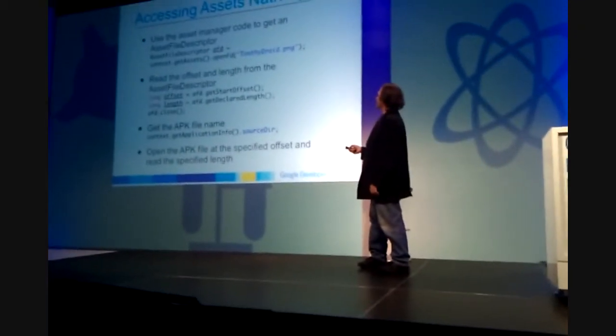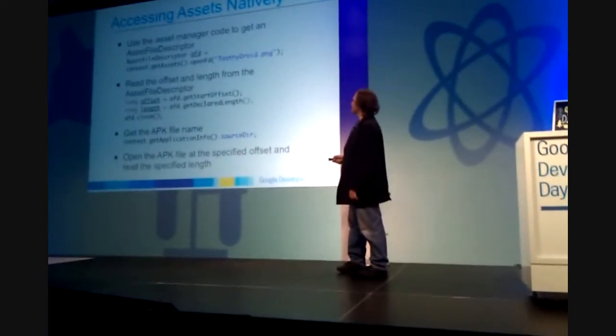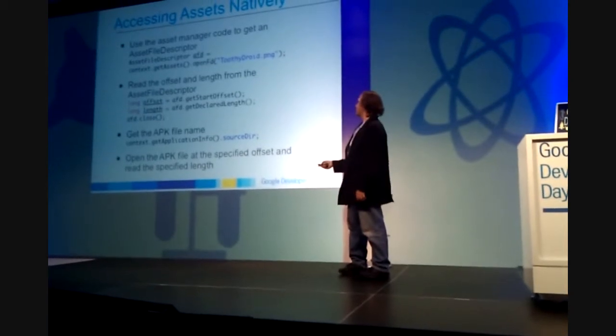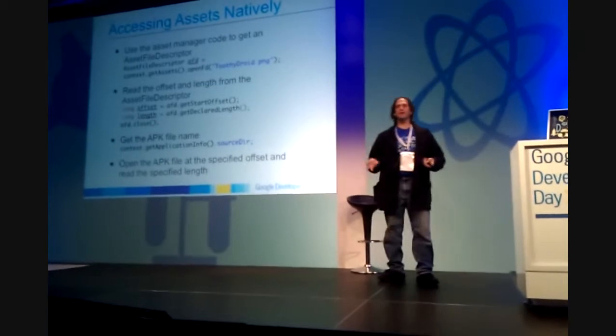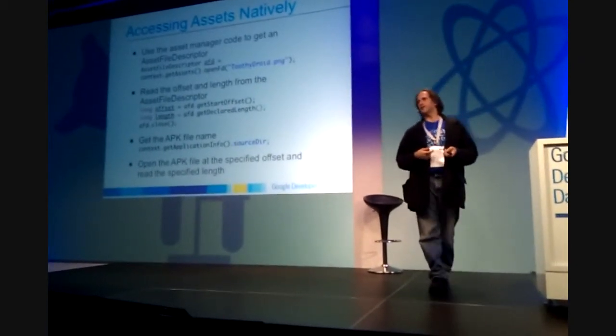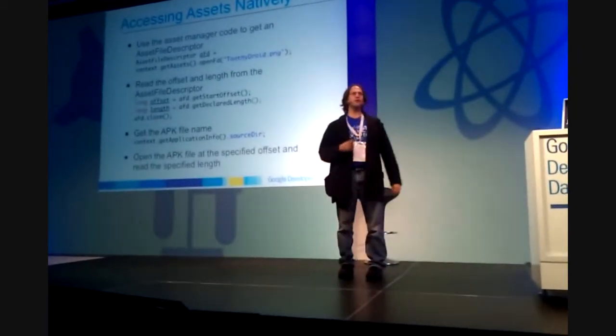You get the asset file descriptor for your asset, get the offset and the length. Then you can get the APK file name using the source dir. Then you can open the APK file from native code, seek to the offset, and directly read your asset in. So that's actually a pretty good, relatively supported technique. It's about as good as you can get today.